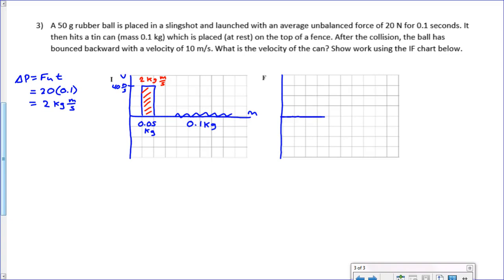So then the next thing that we know is we can figure out here the total momentum on this side, P total, equals 2 kilogram meters per second, if you add up the momentums there.